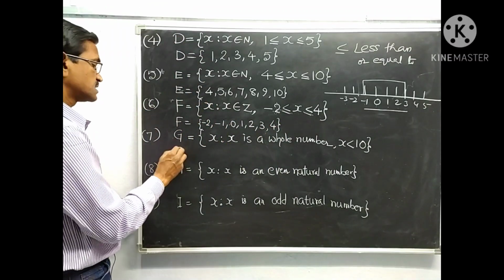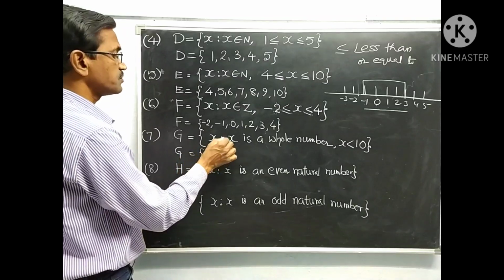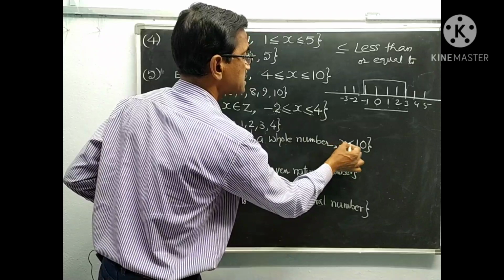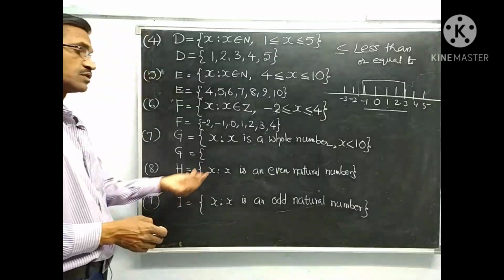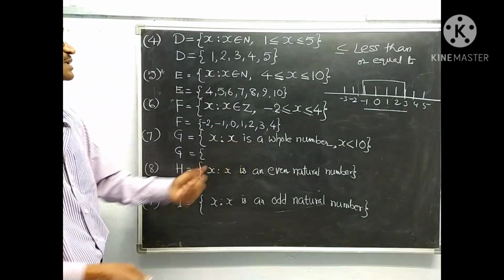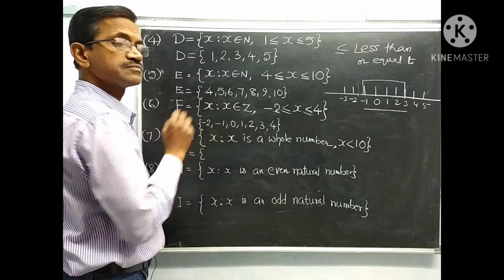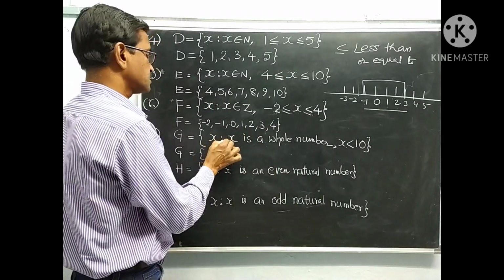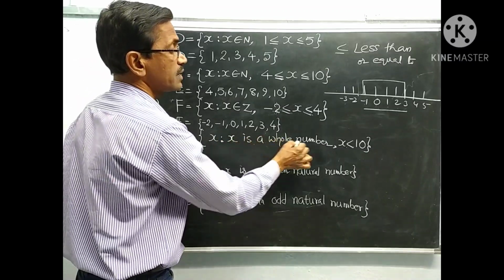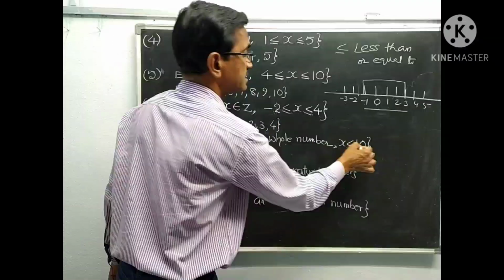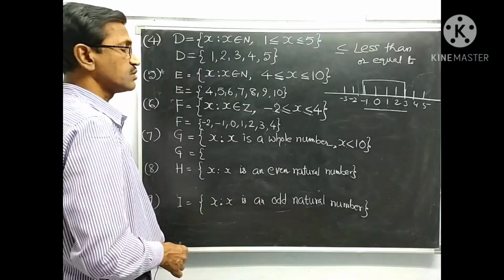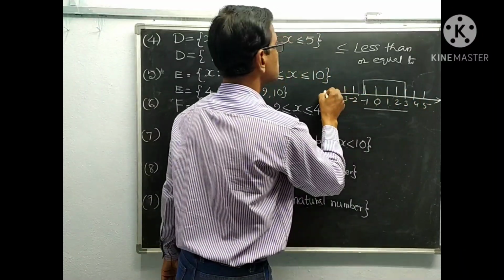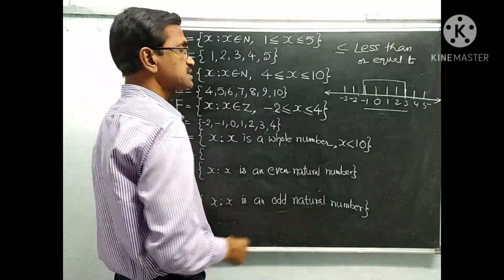Next, the 7th one, G is equal to x such that x is a whole number and x less than 10. Sometimes the question may be given like this also. Instead of x belongs to N, the words may be written like this. We know what whole numbers are: natural numbers including 0 are called whole numbers.